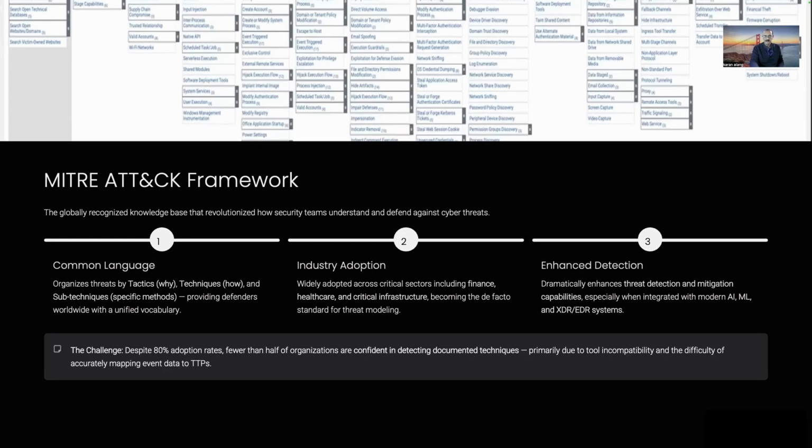There is, of course, a challenge in adopting this framework. While the adoption is there, many organizations are not really confident in detecting the documented techniques, primarily due to tool incompatibility and difficulty of accurately mapping event data to TTPs, which, like I mentioned earlier, is a manual task and essentially results in organizations not being very confident about detecting these documented techniques.